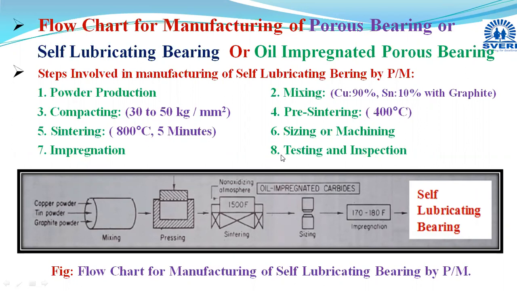In this way, after testing and inspection, the final self-lubricating bearing can be used. So these are the stages used in manufacturing the self-lubricating bearing with the powder metallurgy technique. Now, the question arises: why is it termed a self-lubricating bearing?